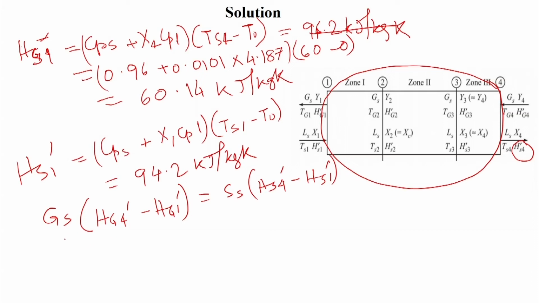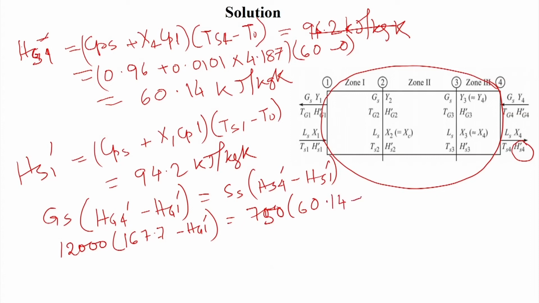So, 12,000 into 167.7, which we have already got, minus Hg1 prime is equal to 750 into 60.14 minus 94.2.